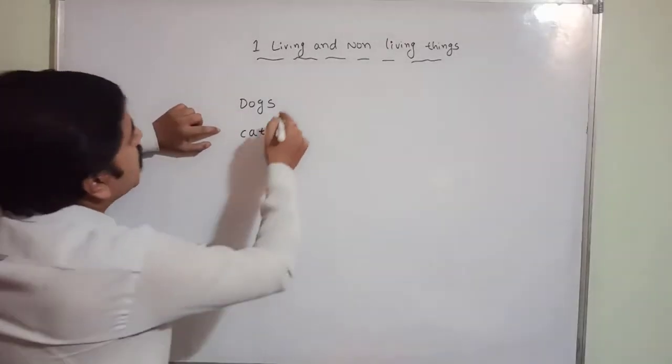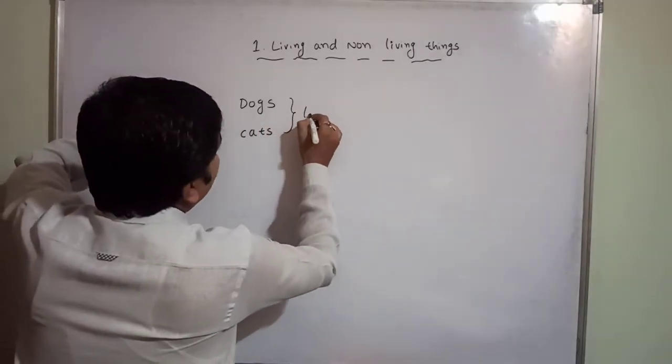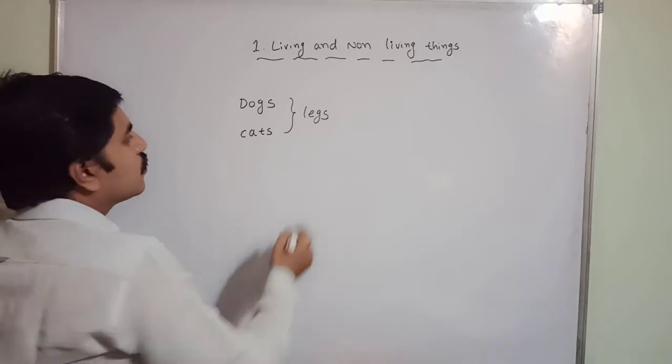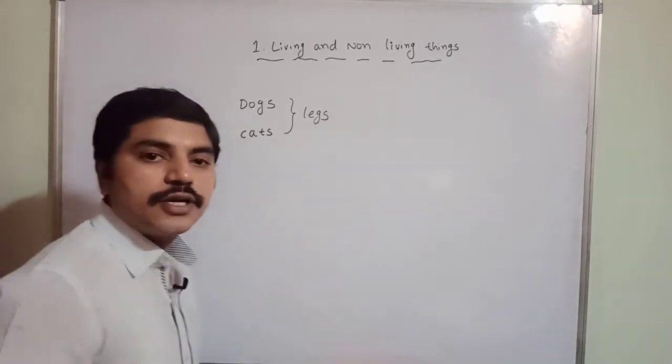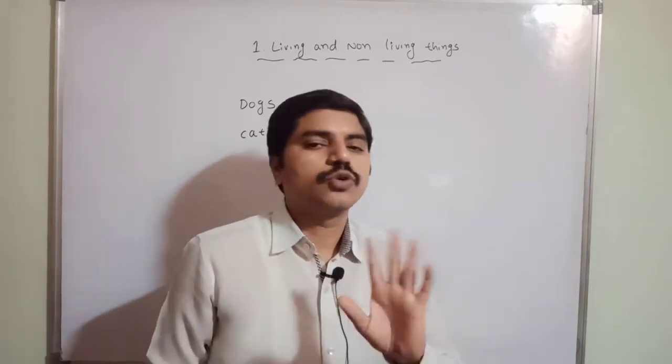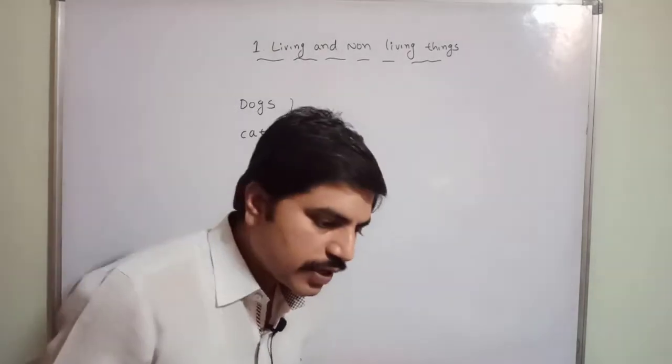Okay? Both use their legs. With these legs they move from one place to another place and search for food also. Without moving, is it possible? No, it is not possible to get food, correct or not?